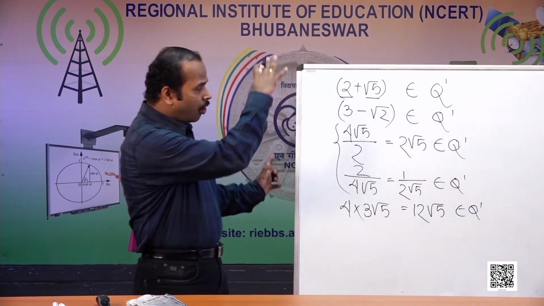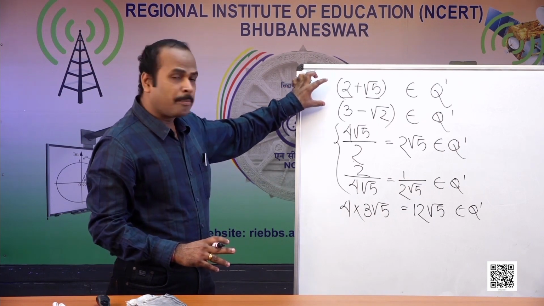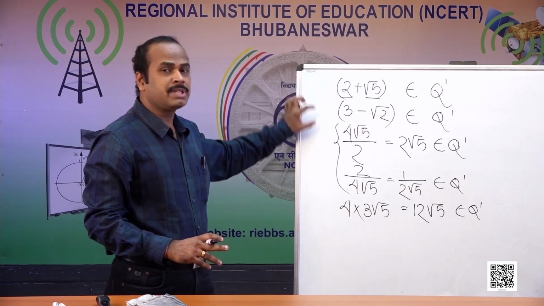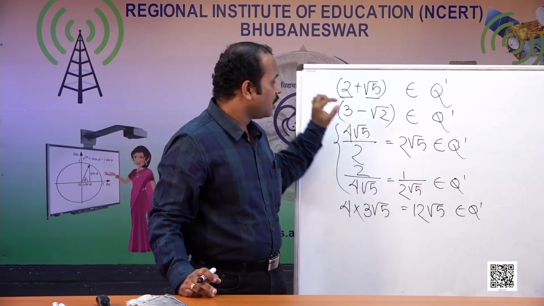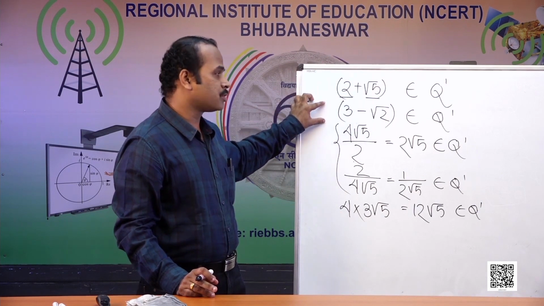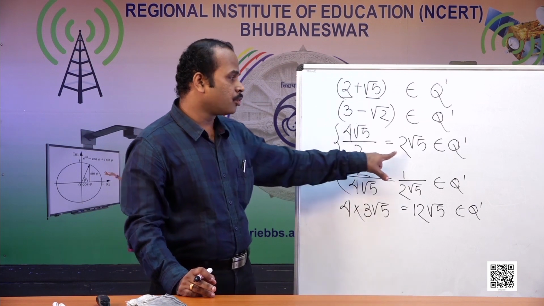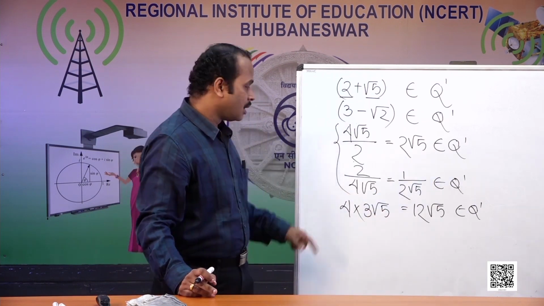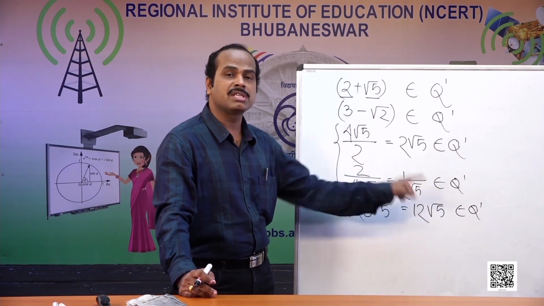So in all these cases we know that the operation of a rational number with an irrational number always gives an irrational result. We have observed that 2 plus root 5 is an irrational number, 3 minus root 2 is an irrational number, 4 root 5 divided by 2 becomes 2 root 5 which is an irrational number, and 2 by 4 root 5, which is equal to 1 by 2 root 5, is also an irrational number.